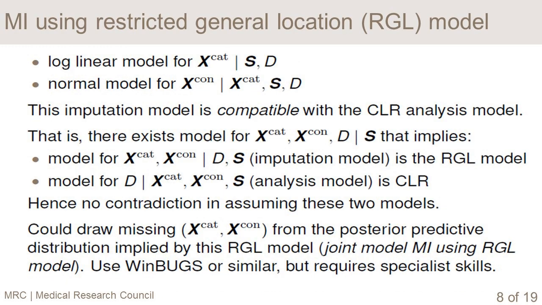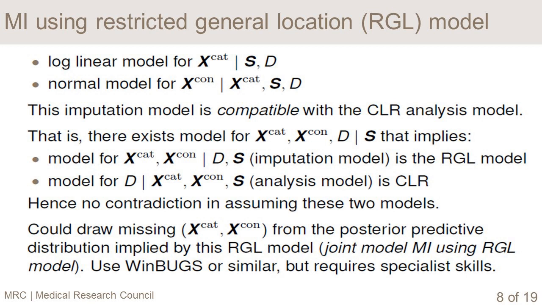So the first of the 3 imputation models that we considered was a restricted general location, an RGL model. This is a model which assumes that the categorical variables follow a log linear model, conditional on the fully observed variables, and then conditional on all of those variables, the continuous variables follow a normal distribution. Now this model is interesting because it's compatible with the analysis model.